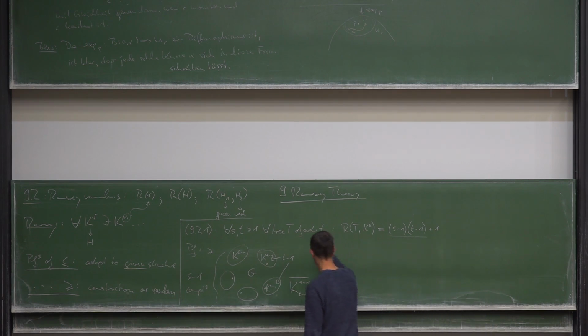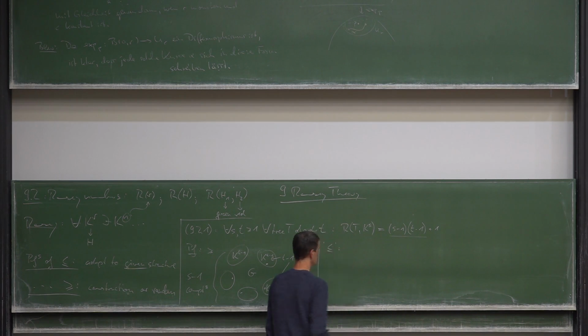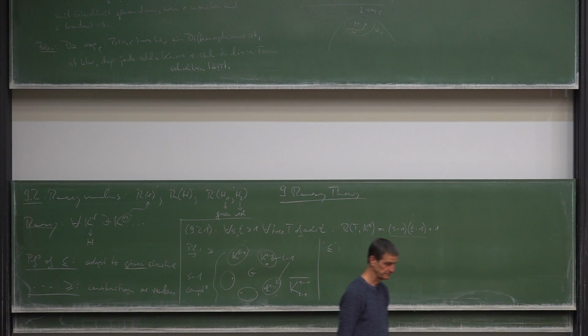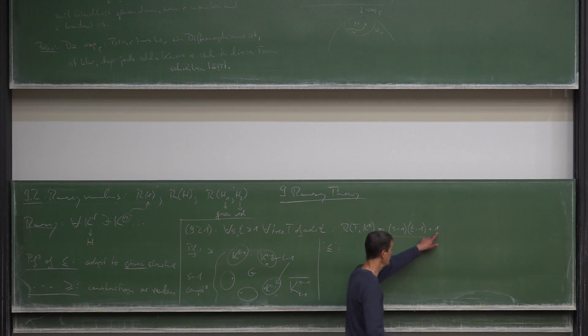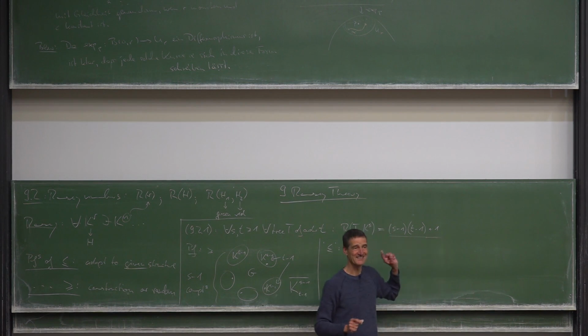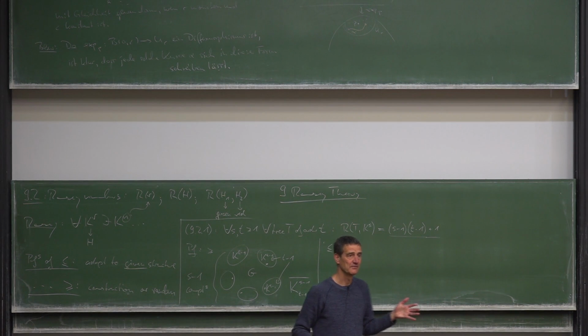Let's prove the other direction. Now, we want to show that if we do have one more vertex, then no matter how G is structured, we can find a copy of T in it unless we have S independent vertices.